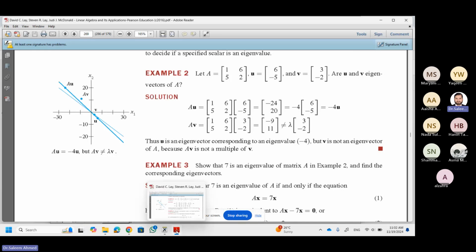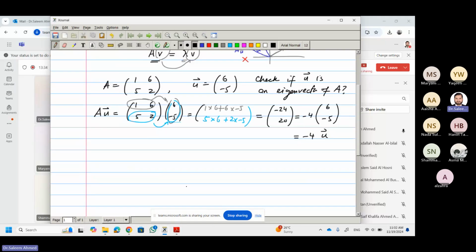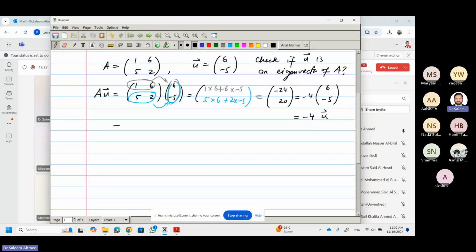This implies that u is an eigenvector, because when I multiplied A with u, my vector u comes back with a number. So I can say that yes, u is an eigenvector, and this -4 is the eigenvalue corresponding to u.